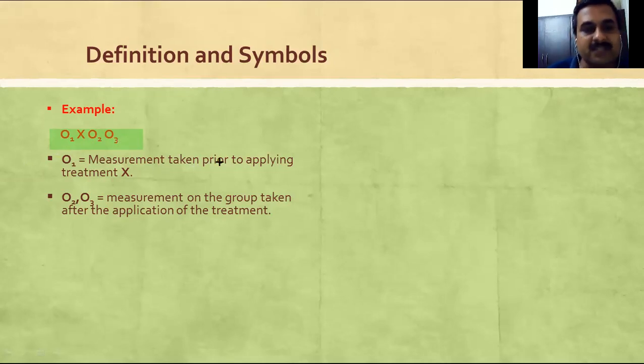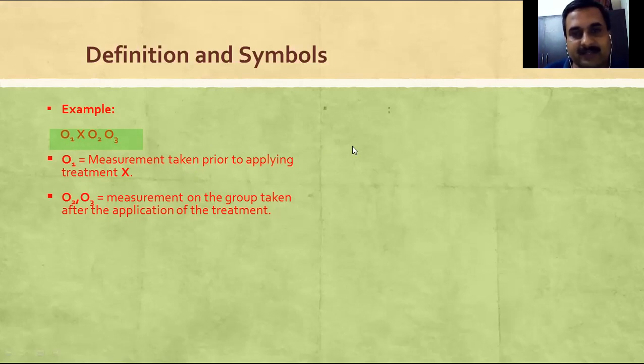So O1 is the measurement taken prior to applying treatment X, and O2 and O3 are the observation measurements of the group taken after the application of the treatment. This is the first example. But in this, no random selection is made.